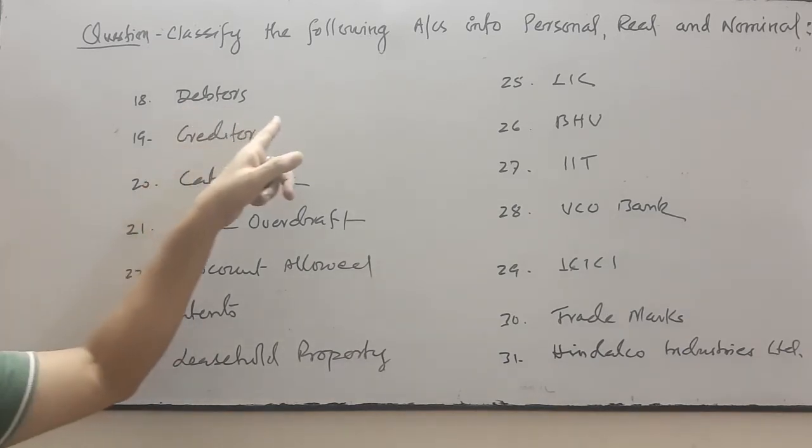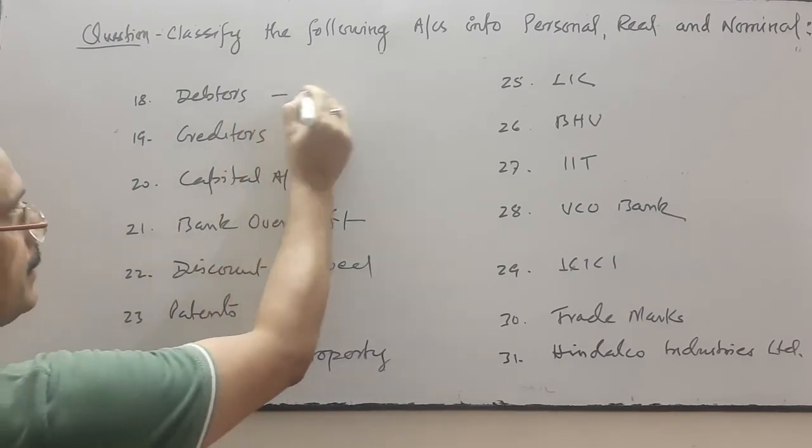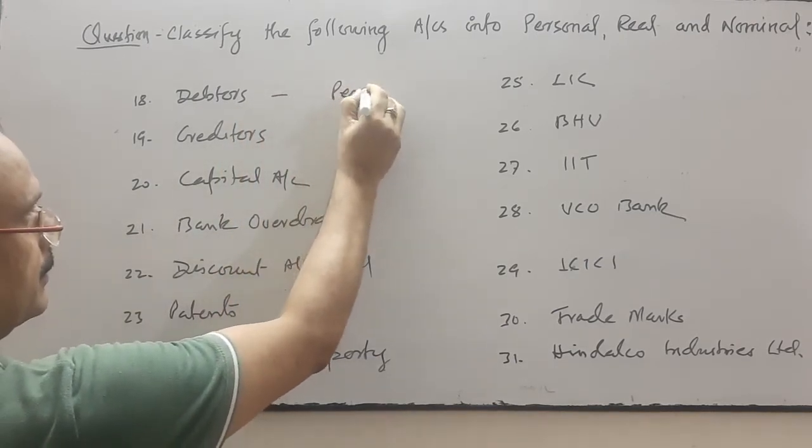Next, debtors comes under which? Personal, real or nominal? Debtors comes under personal account.